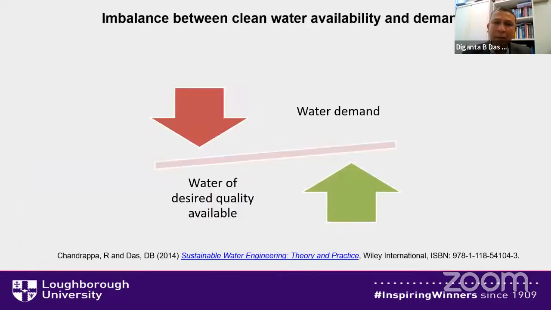The problem obviously is because there is an imbalance between what is available in terms of water and what we can use. The availability and the demand have a very clear imbalance, and that's where one of the problems is, and that's why we need sustainable development. We need development, but we need to have that balance between what we have and what we need.